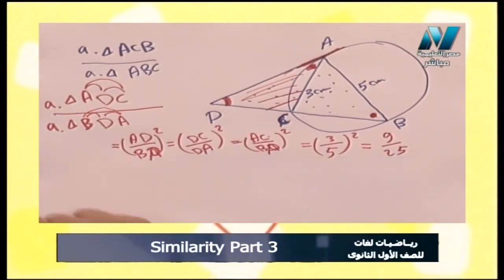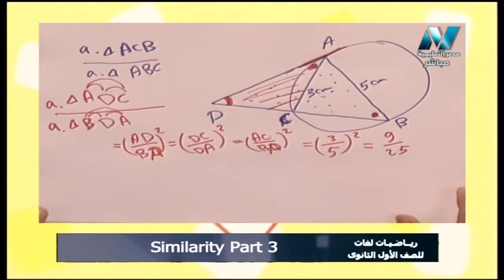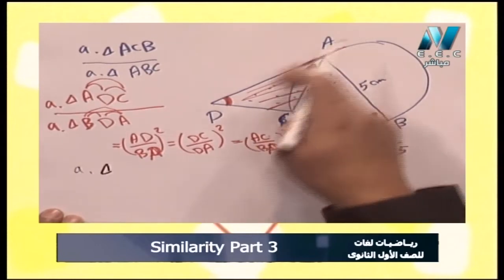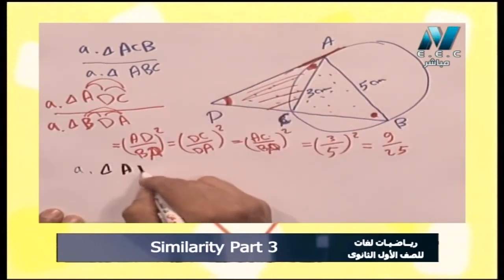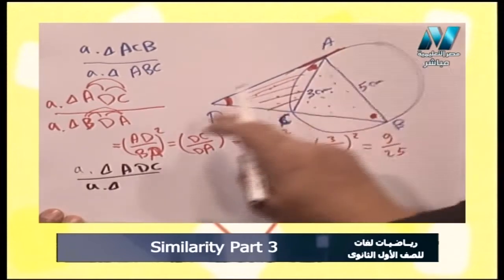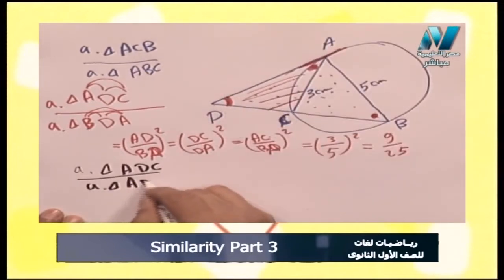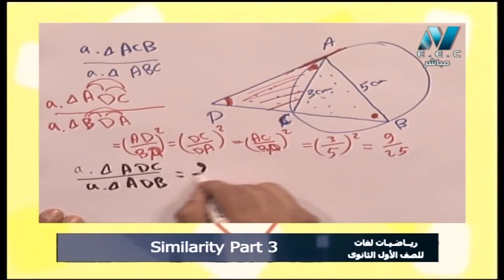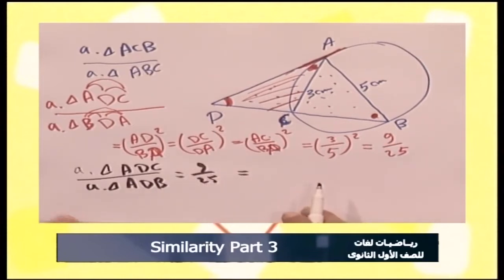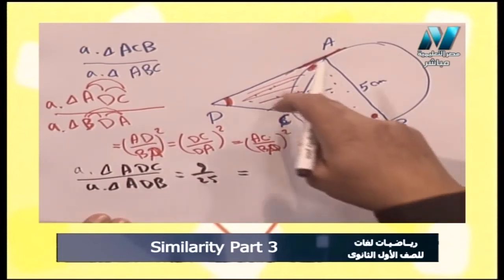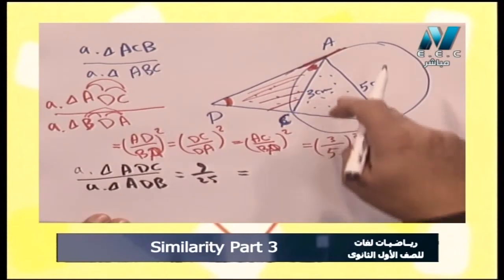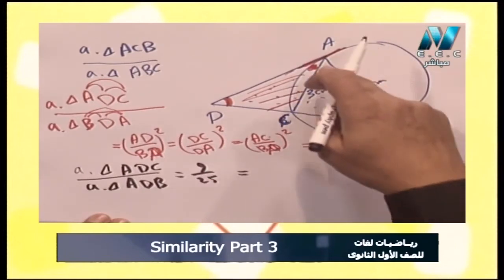This is the ratio between what? The ratio between area of triangle ADC and area of triangle ADB equals 9 over 25. But we want the ratio between the small triangle here, which is ADC, and the small triangle here also ACB.